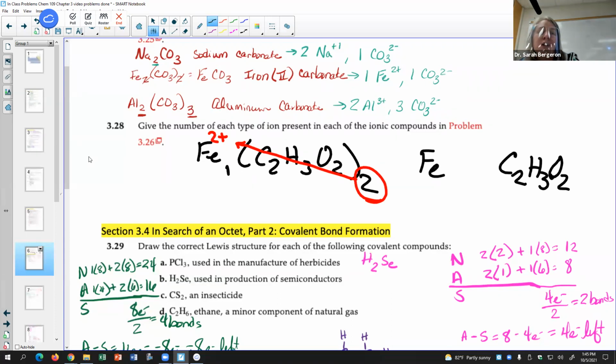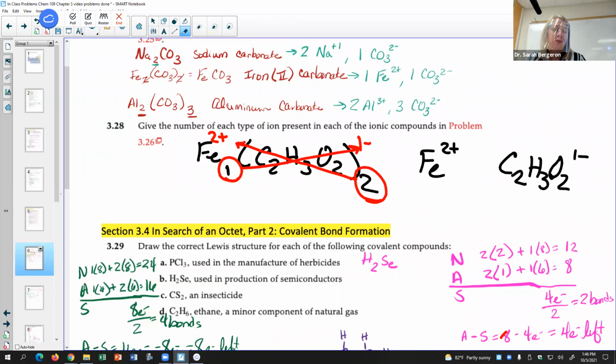There's really a 1 down here, so that would be a 1-. Is that right? How do you know? Well, iron, you can't tell. But what about acetate? Open your best friend, the polyatomic ion table. What is acetate? It's a -1. So this is correct. I was able to do the crossover, so the iron is a 2+, the acetate is a 1-. So if you have a polyatomic ion, you can use it to check.